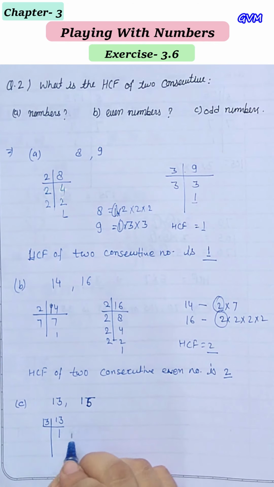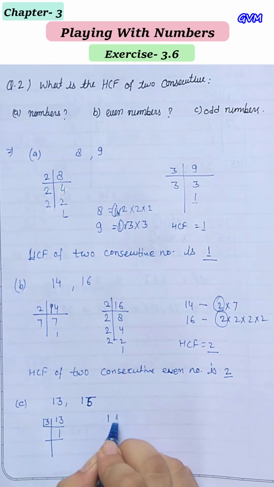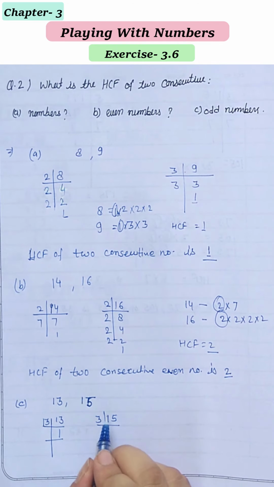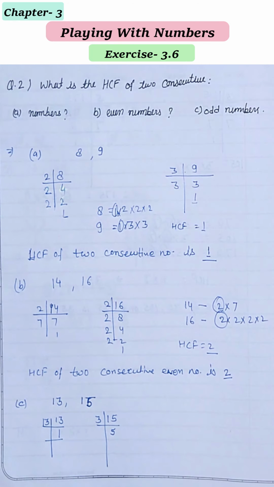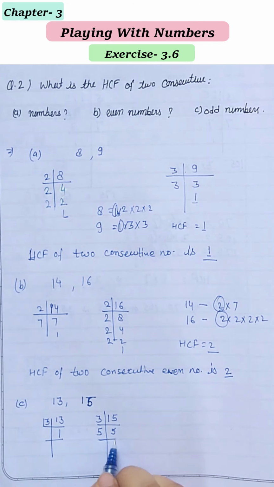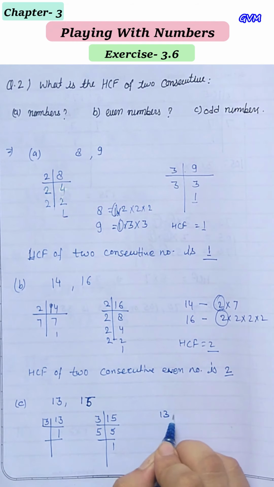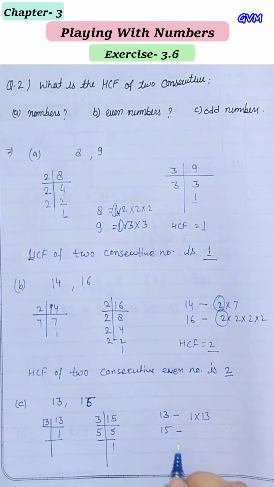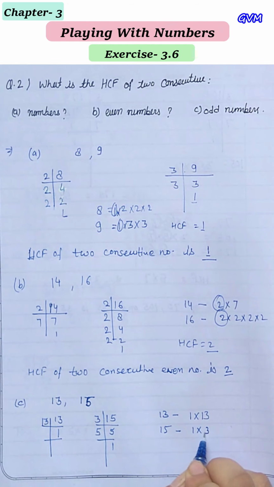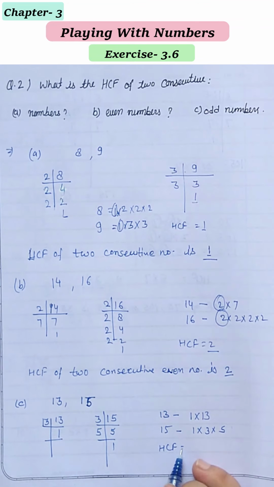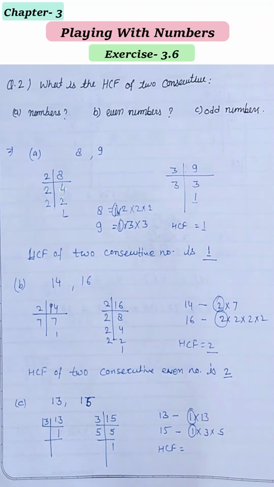Now factors of 15: first with 3, 3 5s are 15, 5 1s are 5. So the factors of 13 are 1 into 13 and the factors of 15 are 1 into 3 into 5. So the HCF we have here is 1.